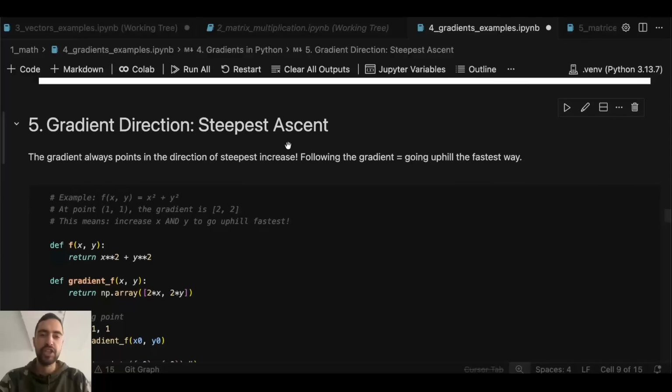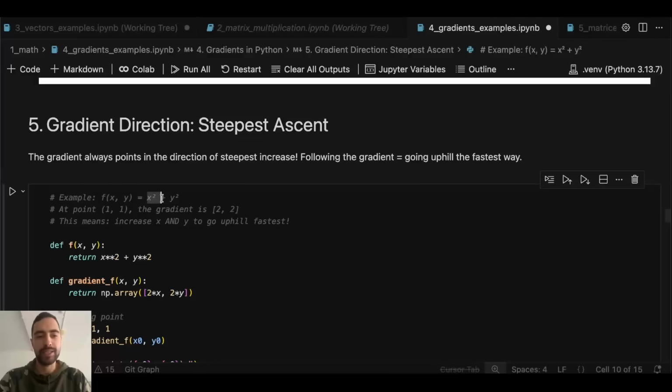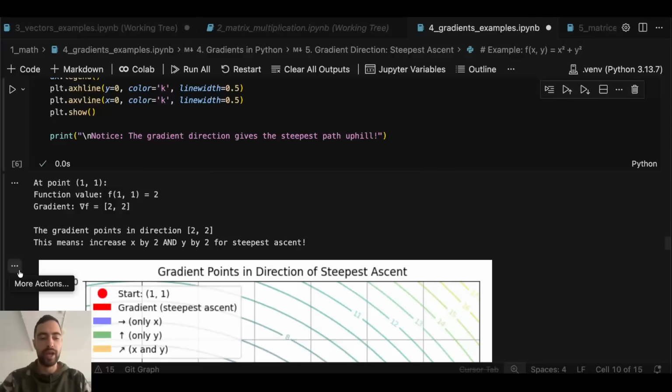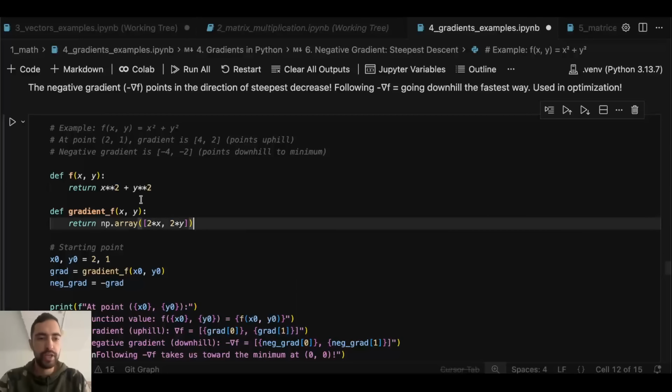So if we have this function x squared plus y squared, and we find the gradient, it is going to be 2x comma 2y. The partial derivative with respect to x will be 2x, and the partial derivative with respect to y will be 2y. So our gradient for this function will be 2x comma 2y. I can show you here. The function is x squared plus y squared.